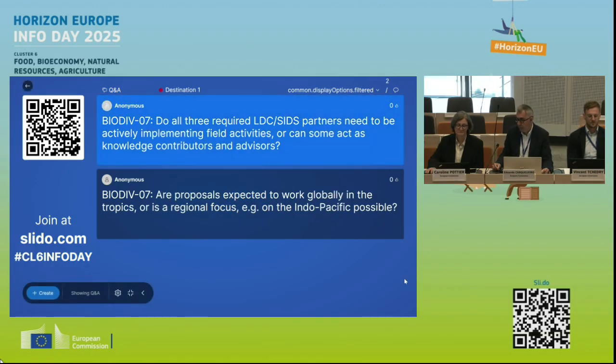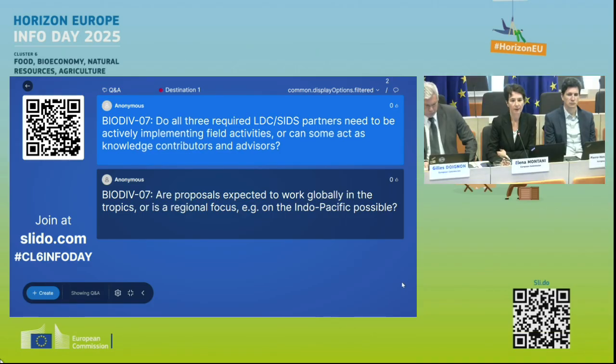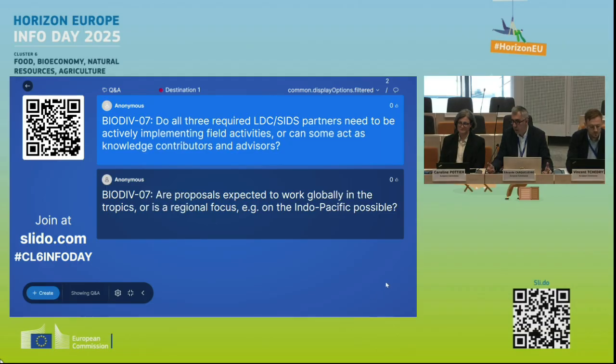Do all three required LDC and SIDS partners need to be actively implementing field activities, or can some act as knowledge contributors and advisors? Yes, they can have different roles, of course. The consortium can choose the SIDS partners that most suit the project itself.